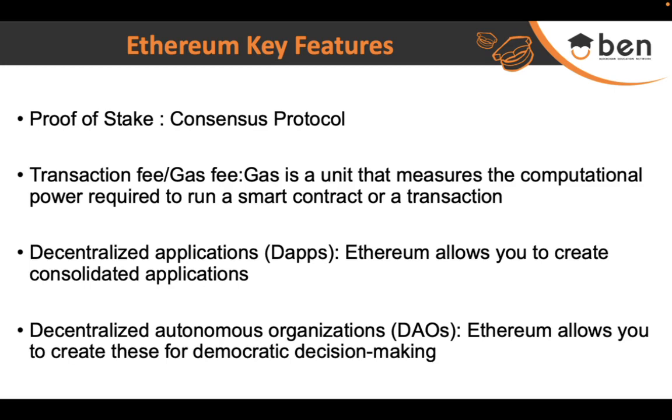Making a DAO means making an autonomous organization in which all the members of the DAO play a key role in the decision making, and every member has a say in the important decisions of the organization, which is related to the Ethereum blockchain. So that's what the concept of DAOs is, and that's supported by the Ethereum blockchain.